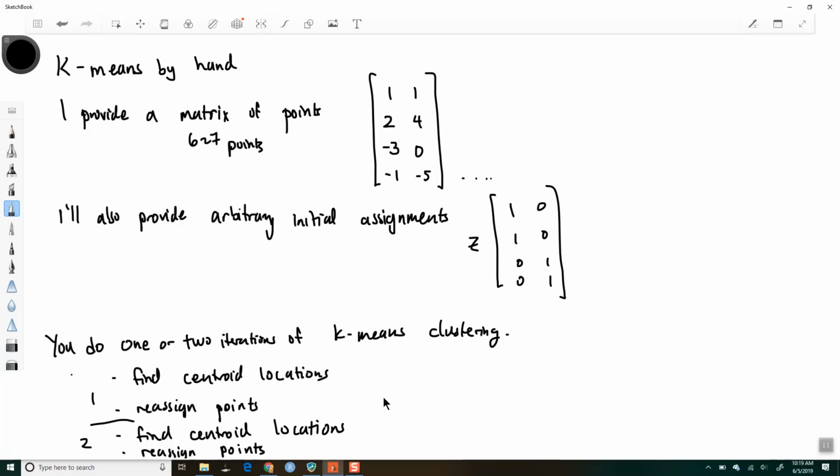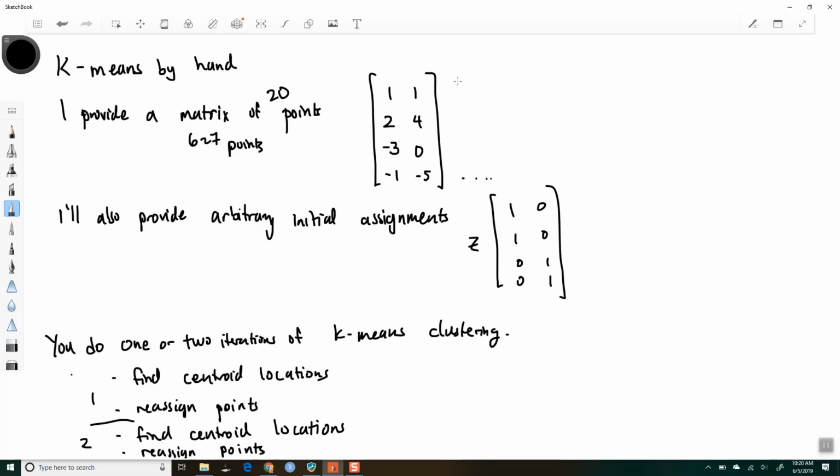Good. And I think you can write your own problem here by hand, okay? Just make a matrix of 2D points, about 6 or 7 of them, with some arbitrary initial assignments, and then do this. And just to keep it simple, all the coordinates will be integers.